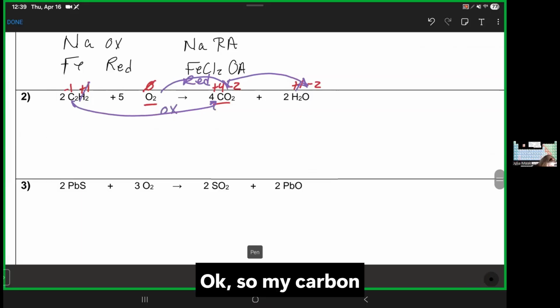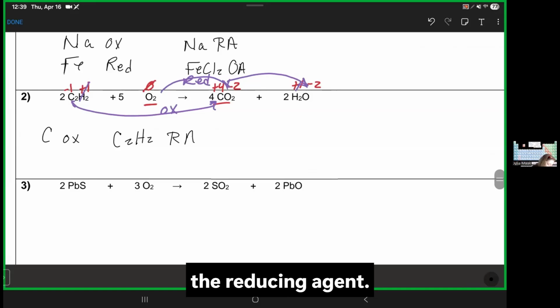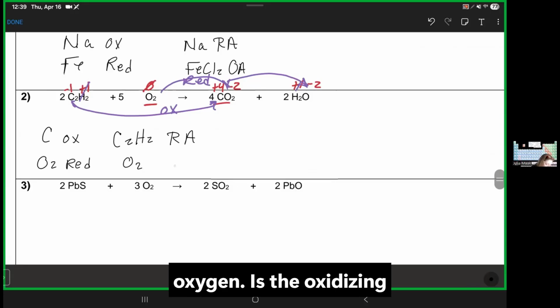Okay, so my carbon was oxidized, and the C2H2 is the reducing agent. My oxygen was reduced, and the oxygen is the oxidizing agent.